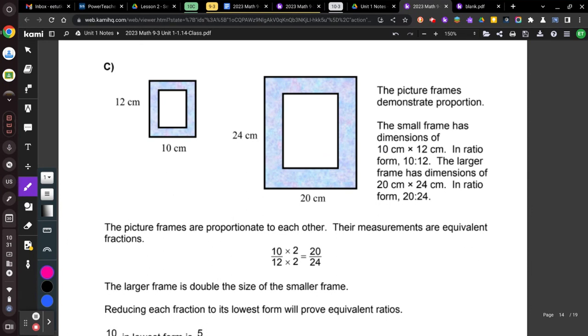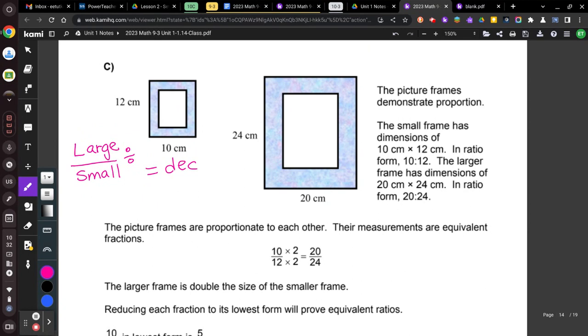So what I would do is take large side over small side, and I'm going to divide them, and I'm going to get a decimal. And I'm looking to see, do my decimals match? So this question is saying, here's two objects. Are they proportional? If they're proportional, that means if you divide them, you get the same decimal.